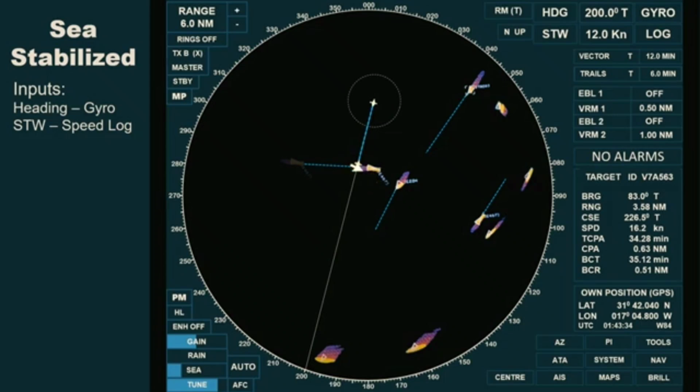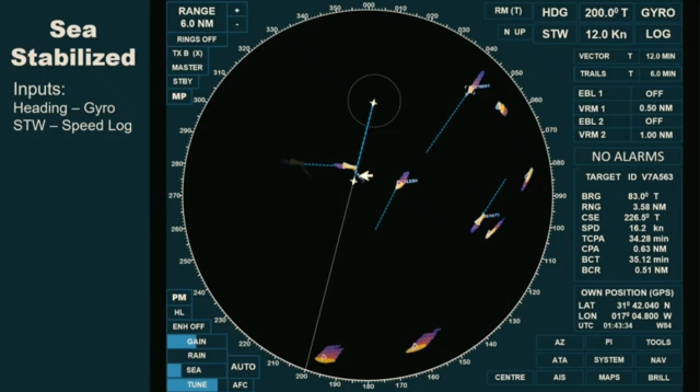In this situation, the target is crossing the bow. On the other hand, if this is the target's vector, and this is own ship's vector when set to 12 minutes, the target will be crossing astern. In this situation, always monitor the target's closest point of approach, CPA, to see if a close-quarter situation exists.